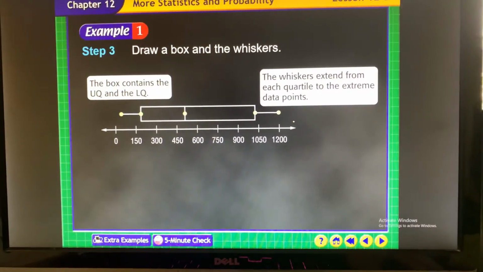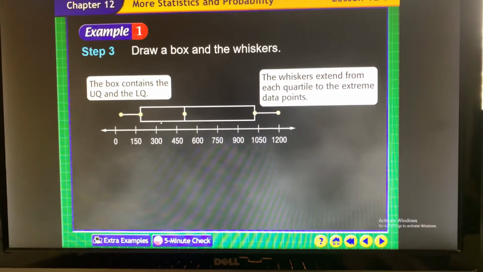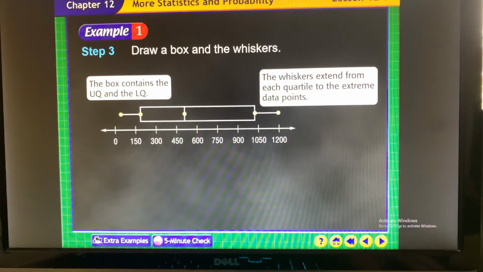Notice the numbers went away. What's important here is what the box and the whiskers look like. Remember, this was our median, our lower quartile, our lower extreme, our upper quartile, and our upper extreme. The median has the line that goes down through the center.